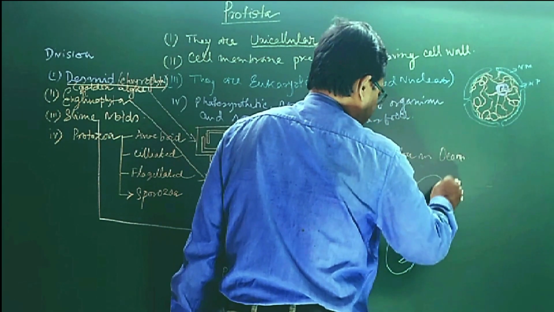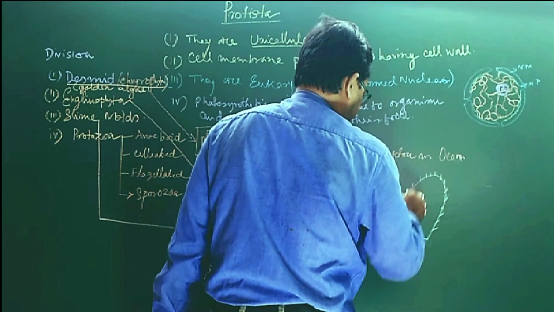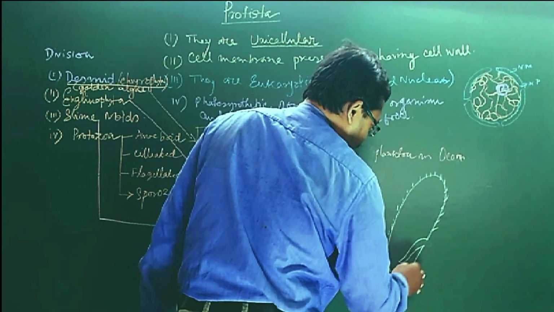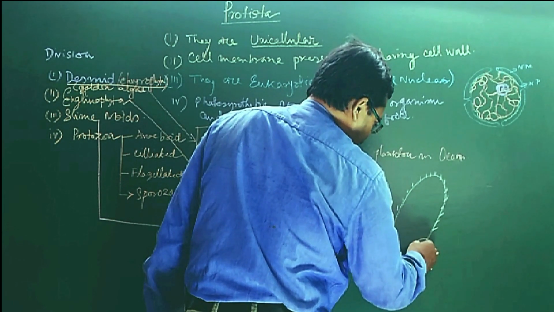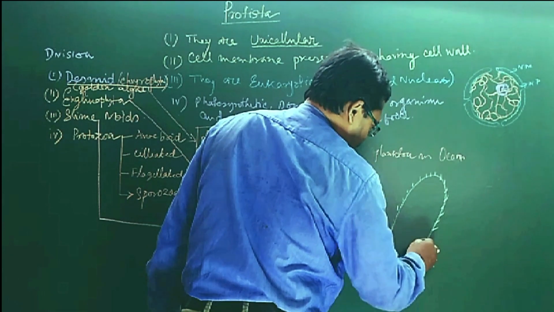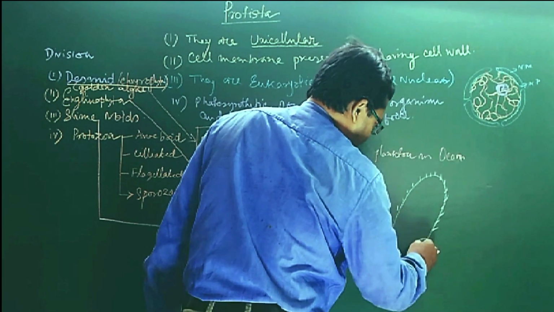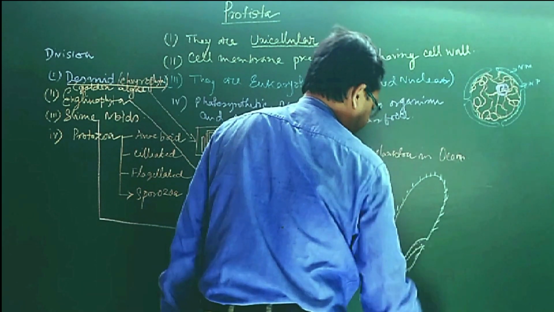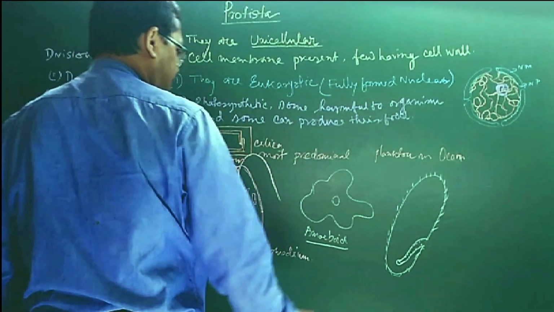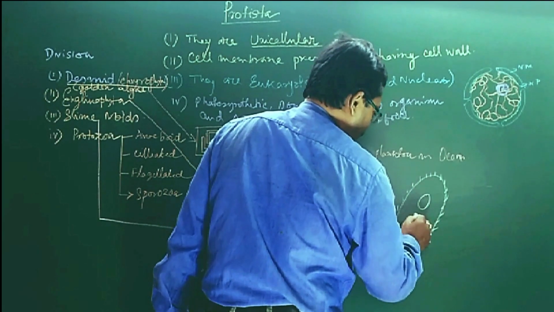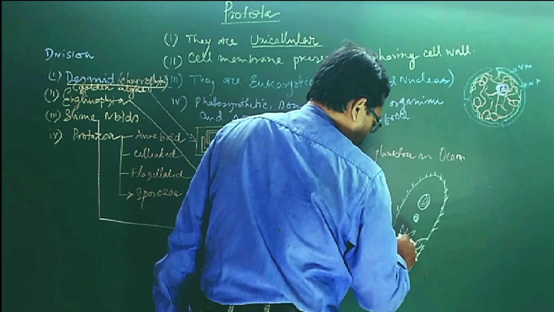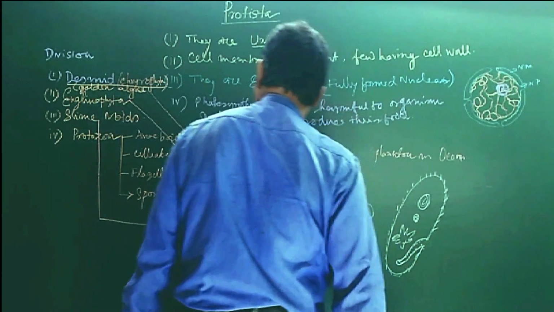Its body is covered by many small cilia by which it can move, the locomotory organ, and the inner cavity is called the buccal cavity, which is also lined by cilia. It contains a macronucleus and micronucleus, and its body also contains a contractile vacuole.